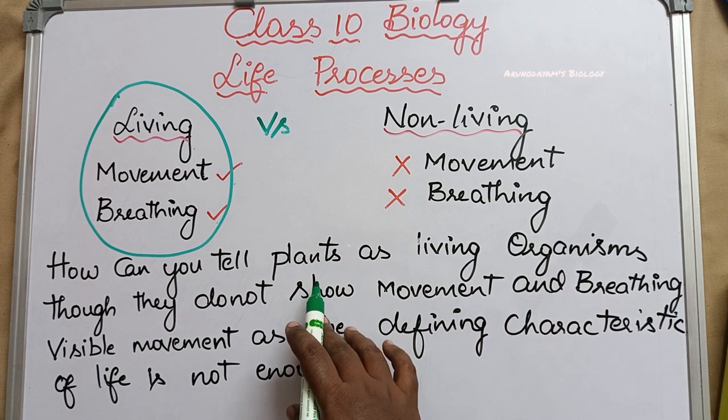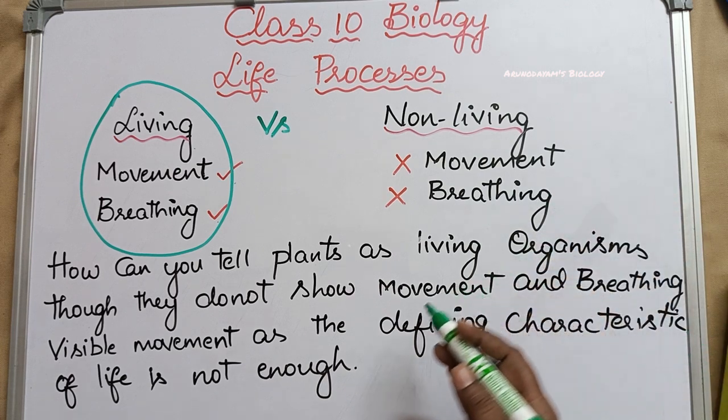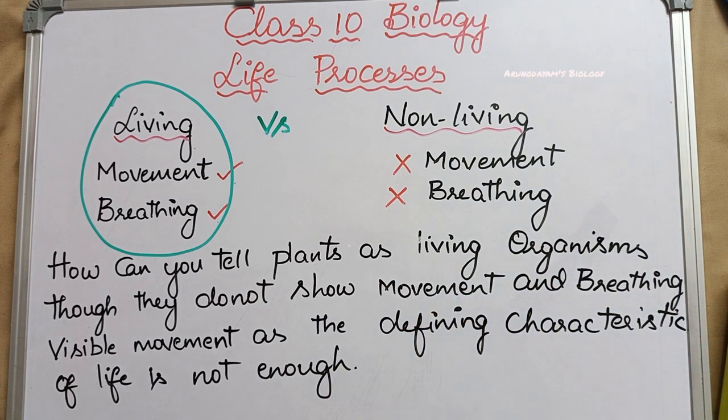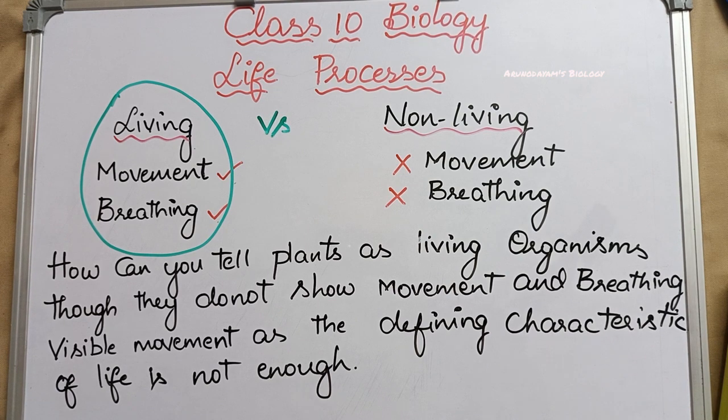By seeing their movement or by breathing? No, in case of plants, we cannot observe any movement or breathing with our naked eye. Just by seeing their growth, we can tell that. In case of plants, we can tell whether it is a living organism or non-living organism by their growth related characters, isn't it? Of course, growth related characters are also not obvious. So, visible movement as the defining characteristic of life is not enough.